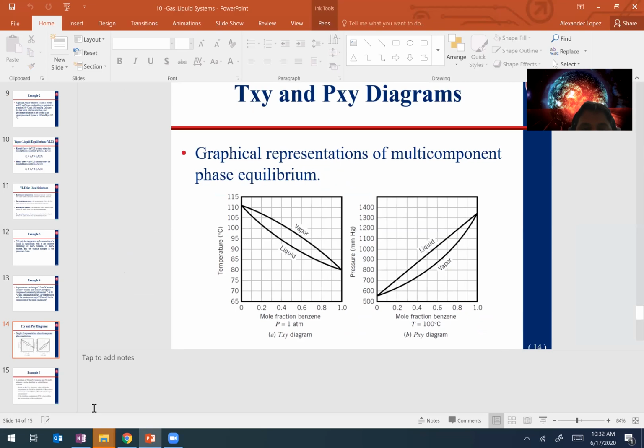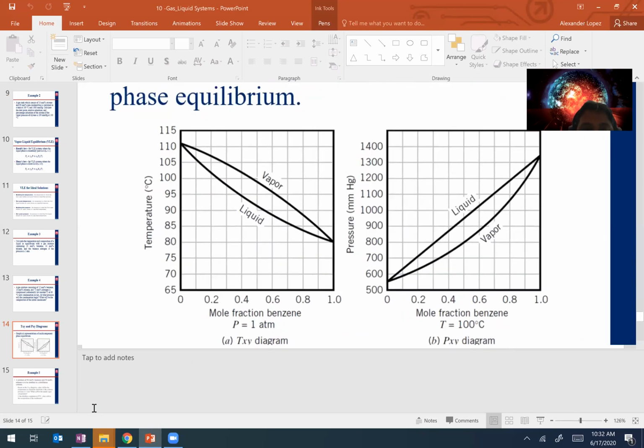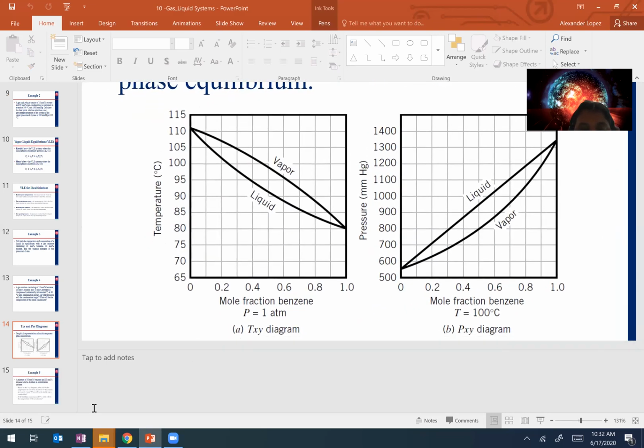So if I'm looking at this TXY diagram, and this is of benzene and toluene, with the mole fraction of benzene on the x-axis and the temperature of the mixture on the y-axis, what would you say or estimate the boiling temperature of this mixture?